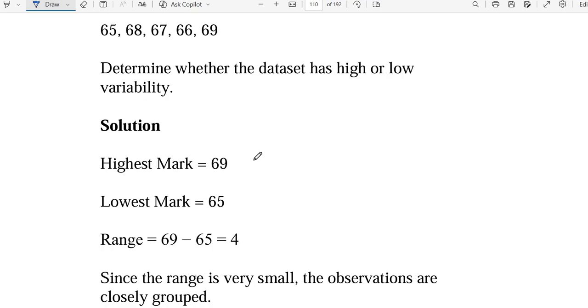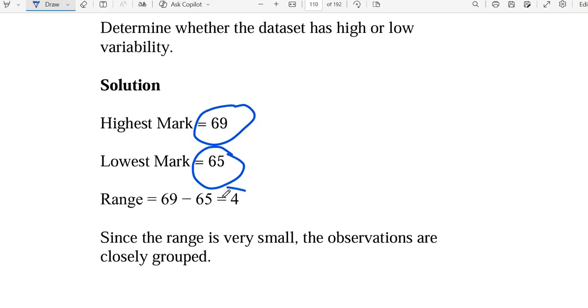What is range? Highest marks minus lowest marks. We got 4. So 4 is a small number, right? Since the range is very small, the observations are closely grouped. Therefore the variability becomes very low.